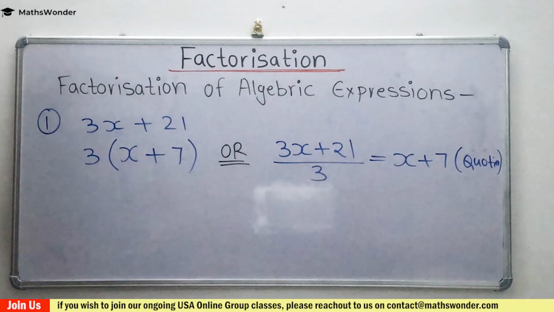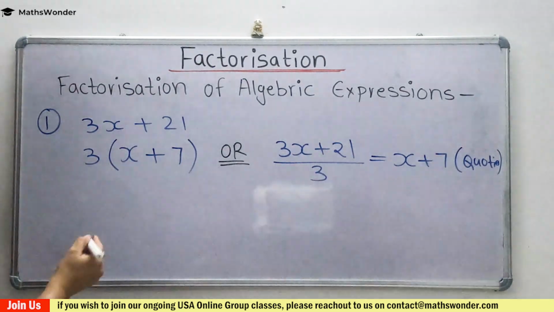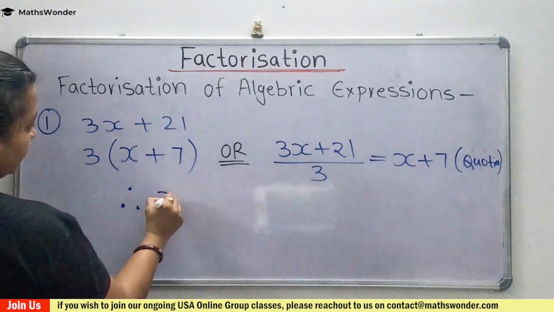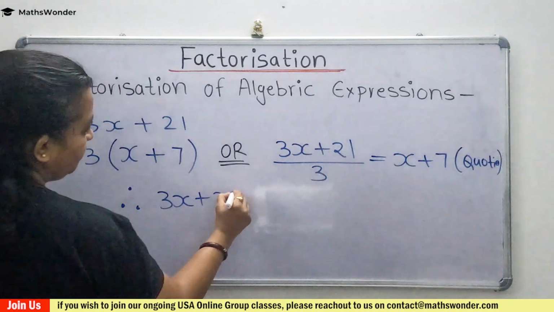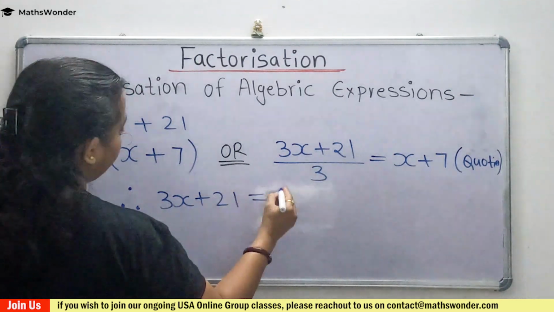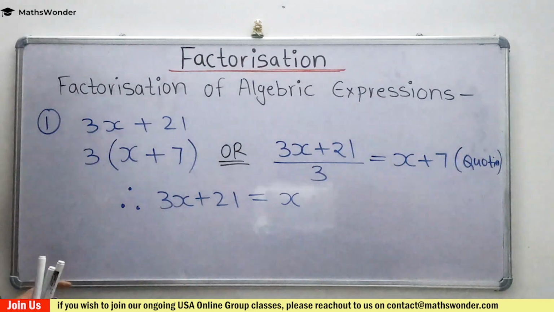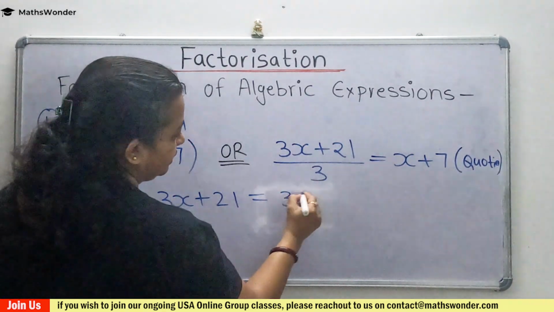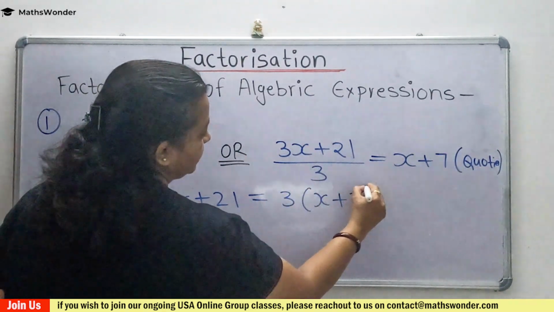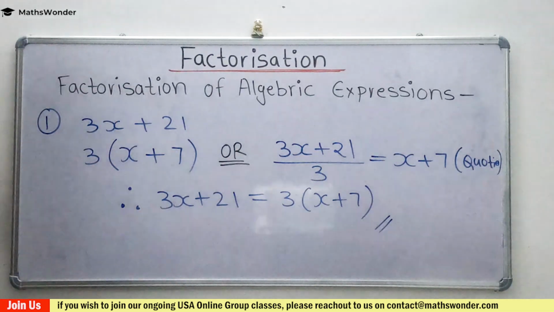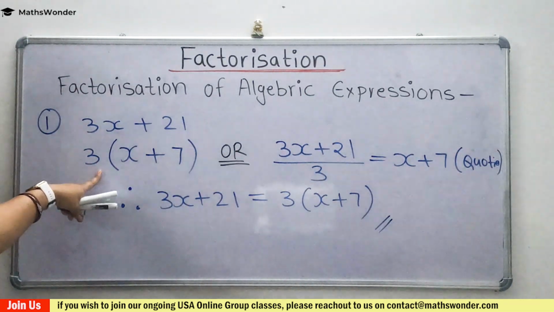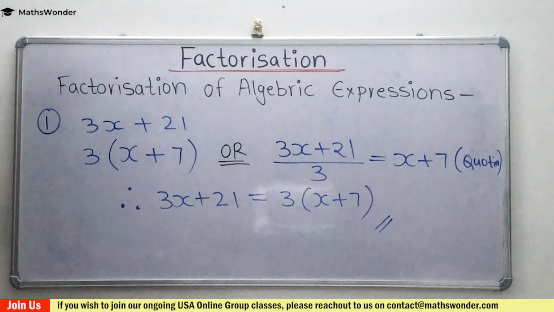So you can write the factorization of 3x plus 21 as 3 times (x plus 7). That's it, done. This is the monomial, because we have taken out a single number.